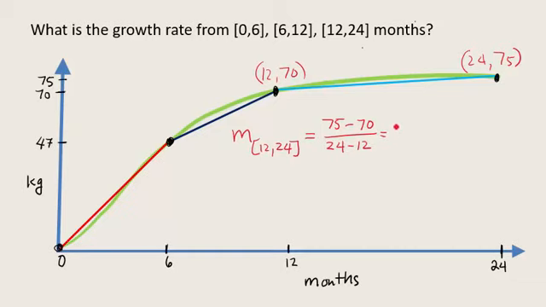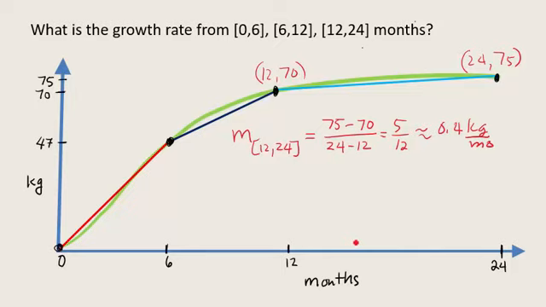That's 5 over 12, which is approximately 0.4 kilograms per month. So as you can see, the growth rate has slowed down in the second half of the first 2 years of a dog.